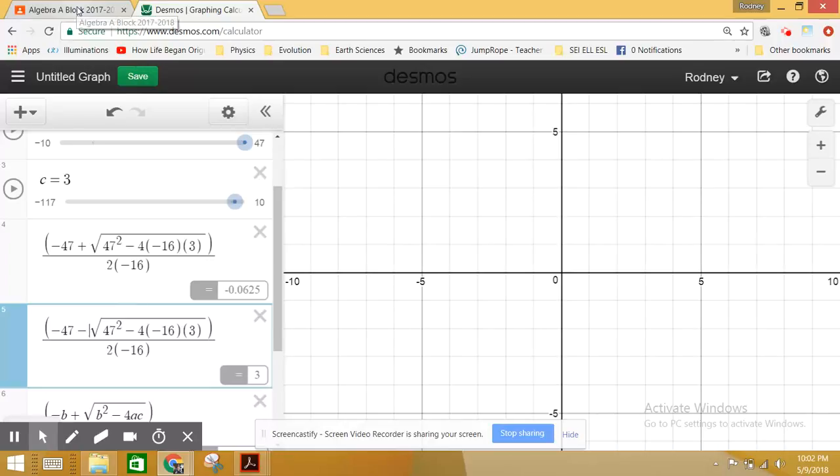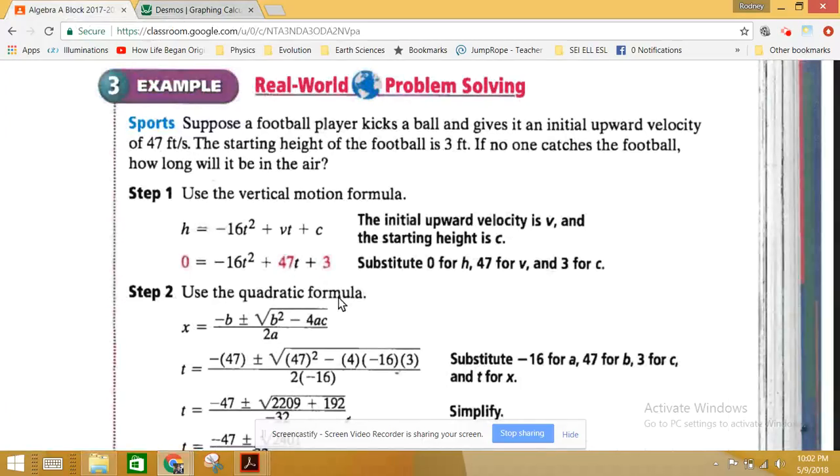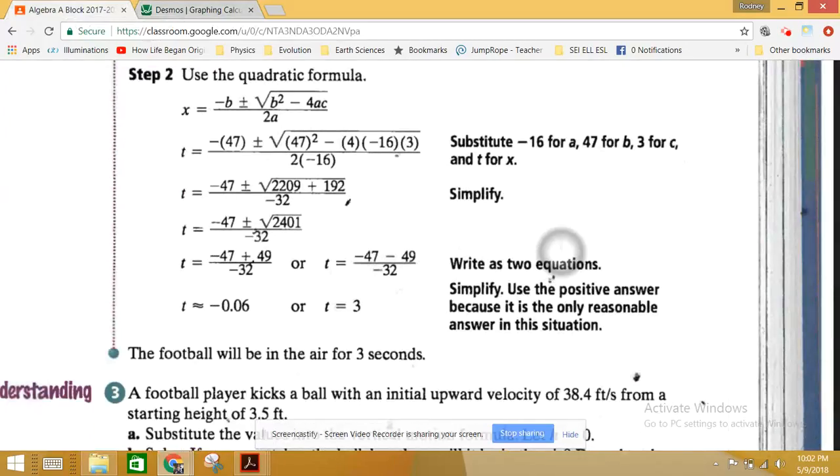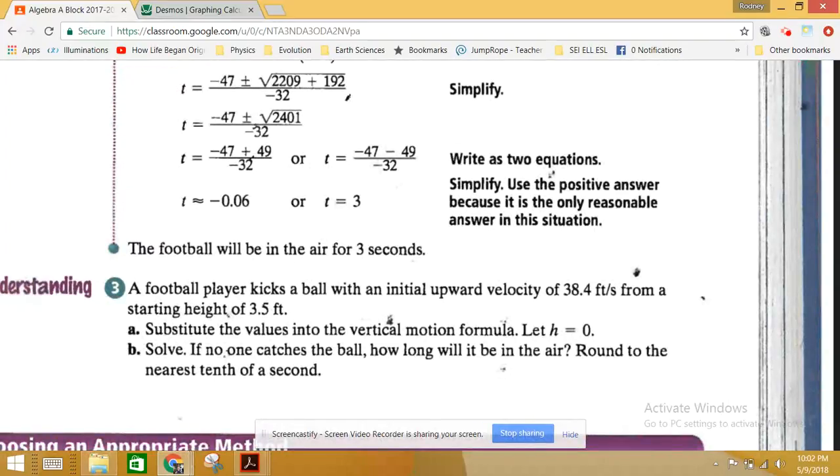Take a look at the actual problem they give us for exercise 3, in which the football will be up in the air for 50 seconds in the example. The football is kicked with an initial upward velocity of 38.4 feet per second and an initial height of 3.5 feet.